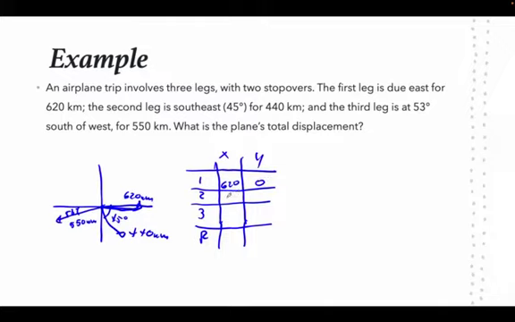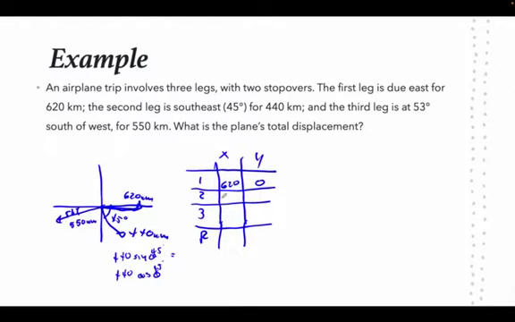My second vector, here we're going to have 440 sine theta for y and 440 cosine theta for x, where theta is 45 degrees. So sine of 45 times 440 gives me 311.13.